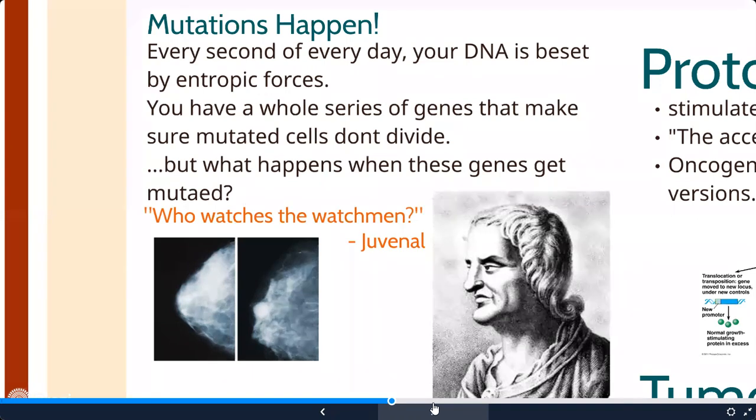Because of this, cells have evolved genes to help combat mutations. We have what are called proto-oncogenes and also tumor suppressor genes, and the two work in tandem to make sure that if a cell does pick up mutations that are detrimental to the organism's health and survival, those cells get eradicated.